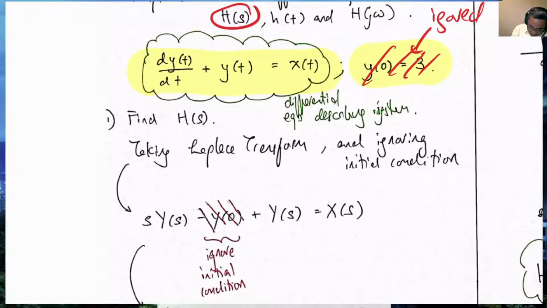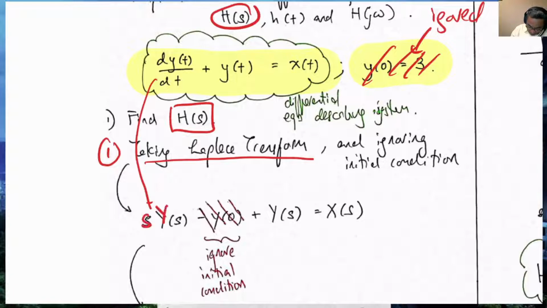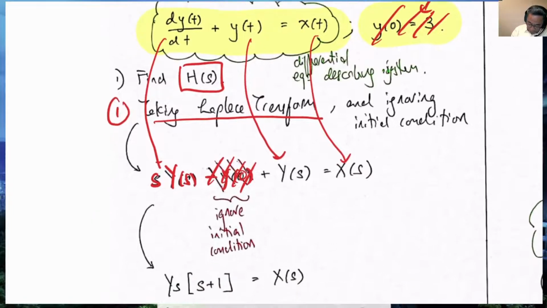So how to find H(s)? Remember, the first step is to take the Laplace transform and use the differentiation property. So dy/dt becomes sY(s). Actually, it's minus y naught, but we ignore it. y(t) becomes Y(s), x(t) becomes X(s). So we are left with this equation.